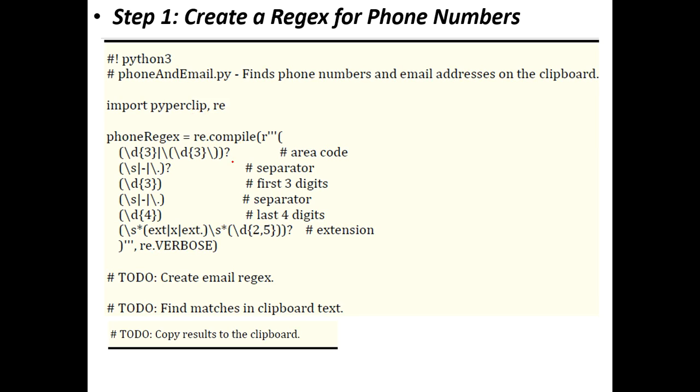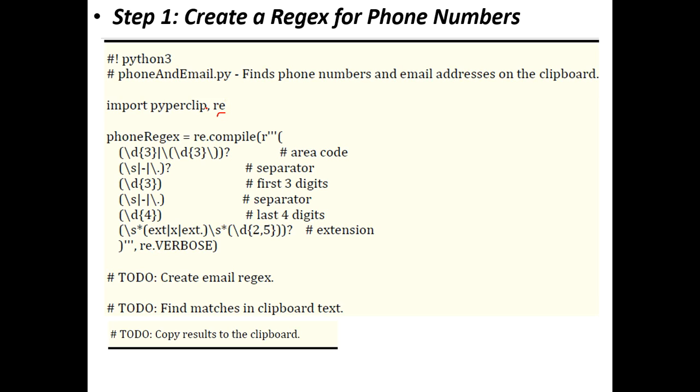All these functions are present in a module called regular expression, which is re. Before making use of these functions, you are supposed to import that module first. Even in this project we are making use of copy and paste operations, and for that purpose we have to import the Pyperclip module.